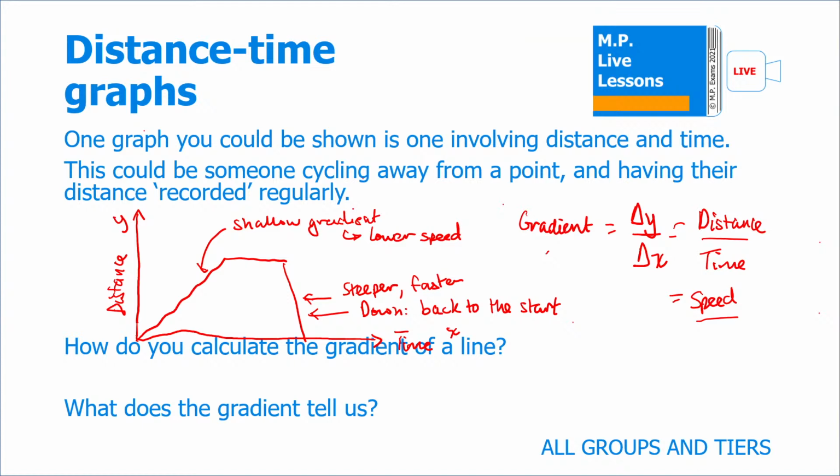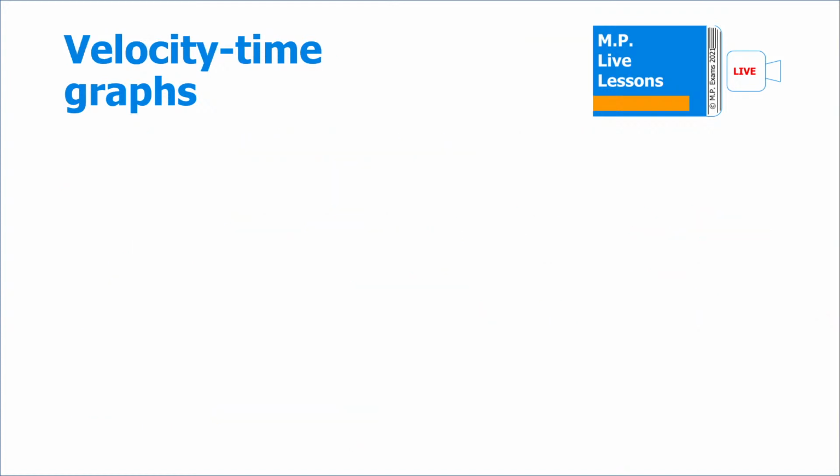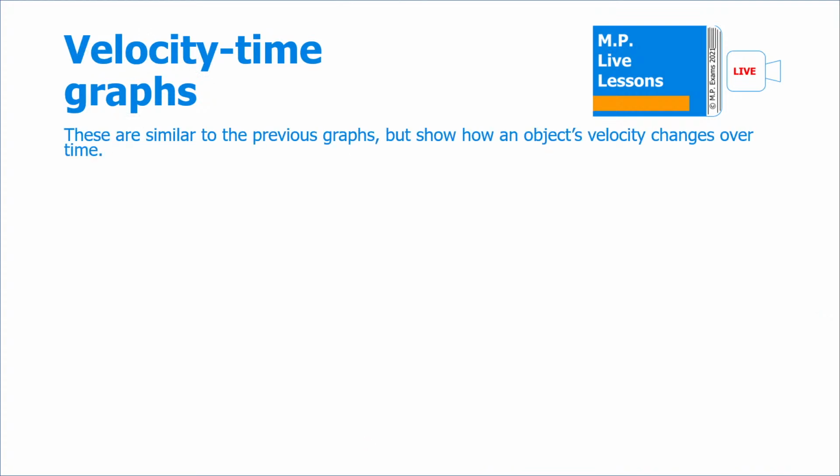Now the other graph you could be shown in the exam is the velocity time graph. So again, these are similar to the previous graphs, but show an object's velocity over time. For example, a racing car accelerating in a straight line. This could be one example.